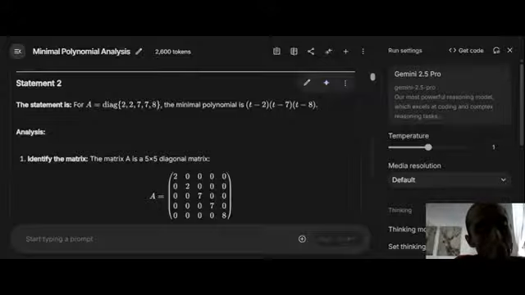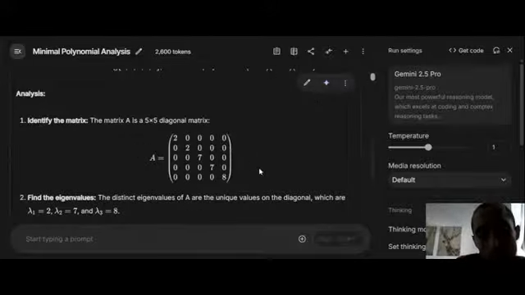So in the complex numbers, remember that every polynomial can be divided into linear terms, but there may be repeated roots. Let's look at this matrix as an example of a diagonal matrix. What is the minimal polynomial just by looking at the matrix? Of course you can know that. This is a diagonal matrix, so it's diagonalizable.